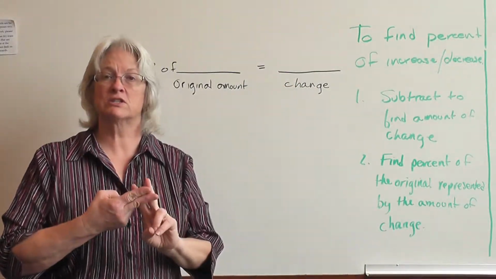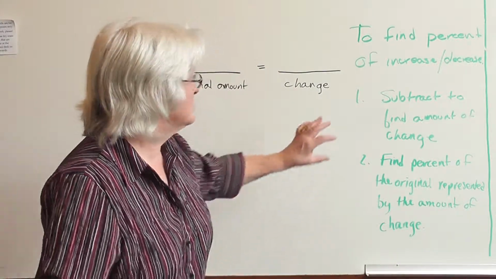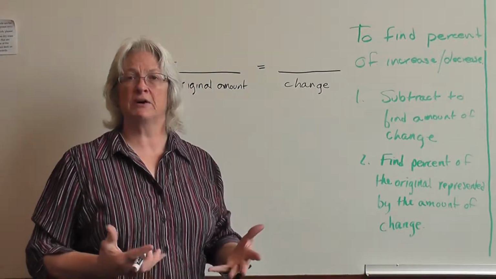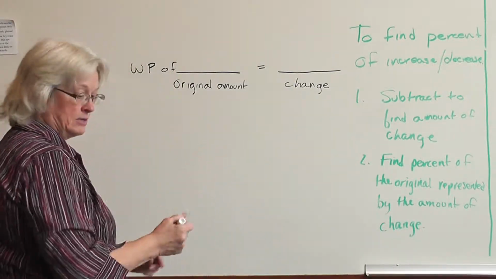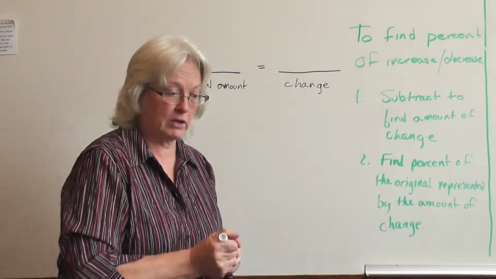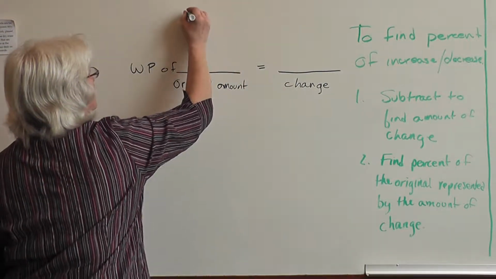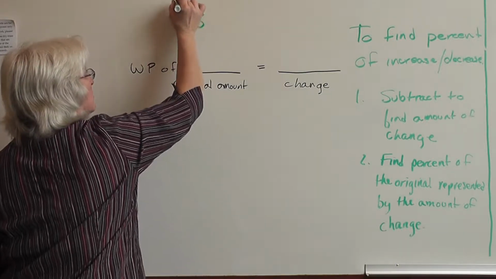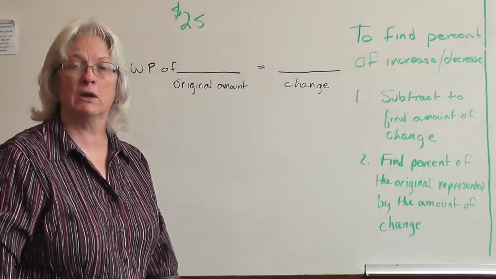There are really just two steps involved in doing that. First step is we're going to subtract the two quantities to find the total amount of change. Okay, let me use a different color marker here. He started last summer, he made $25 a week.